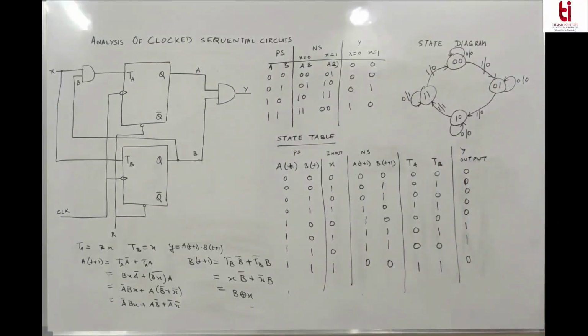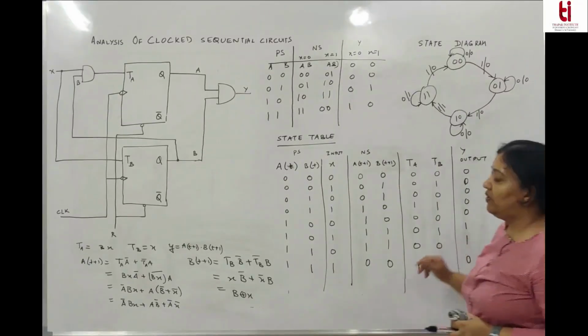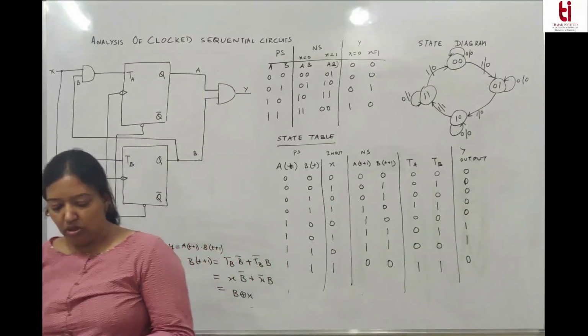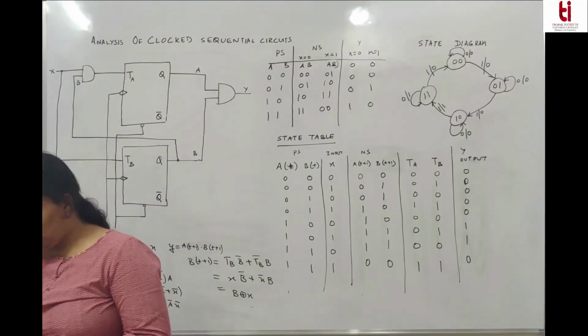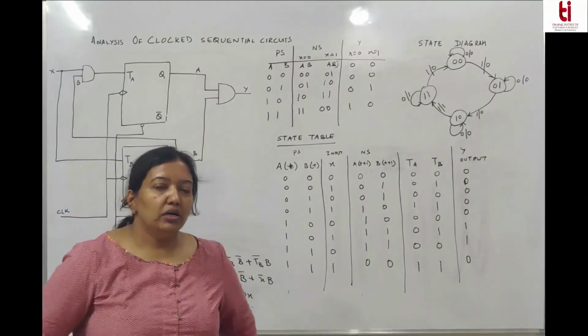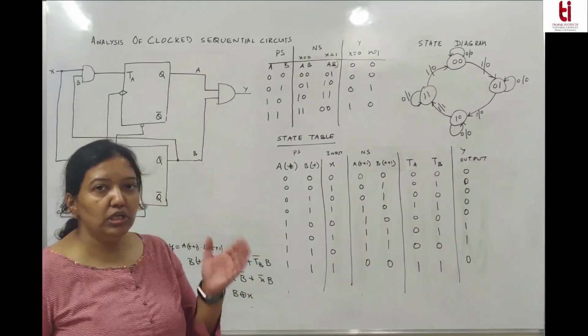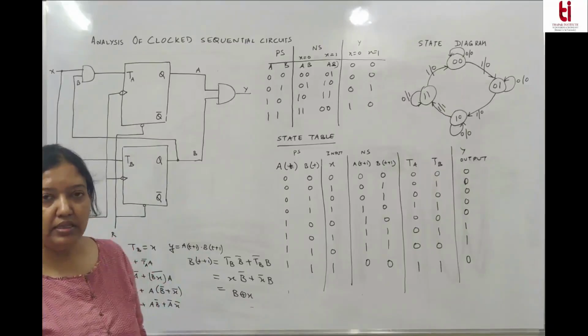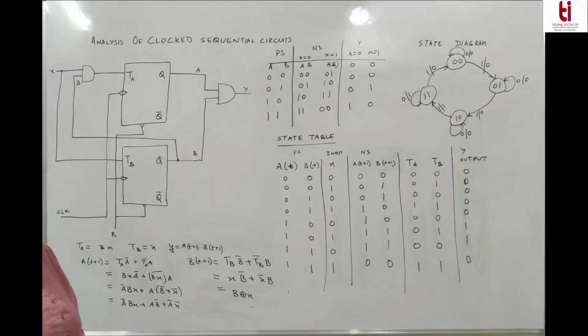It's vice versa. If you know the state diagram, you can make the state table, find the state equations and draw the sequential circuit. I just want to tell you that we can work in both ways. If you know the state diagram, write its state table, minimize it by state reduction, assign values to the states, write the state equations and then draw the circuit.